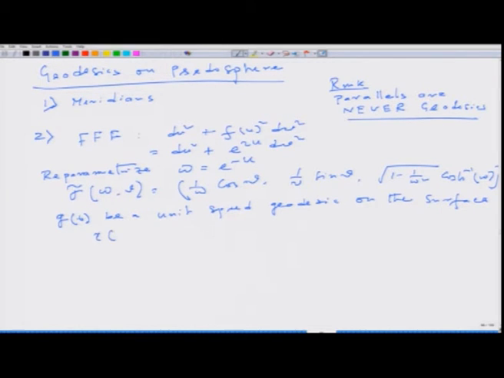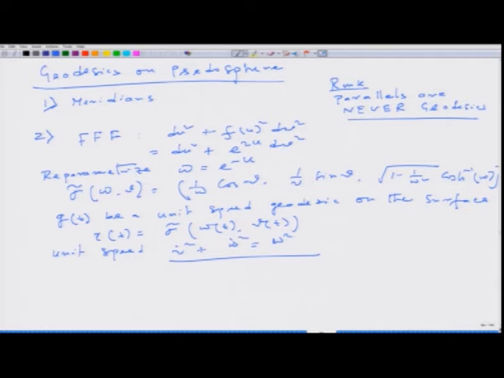So, let us take gamma(t) to be sigma tilde of w(t), v(t). Unit speed will give us v dot square plus w dot square equal to w square. How do I get it?